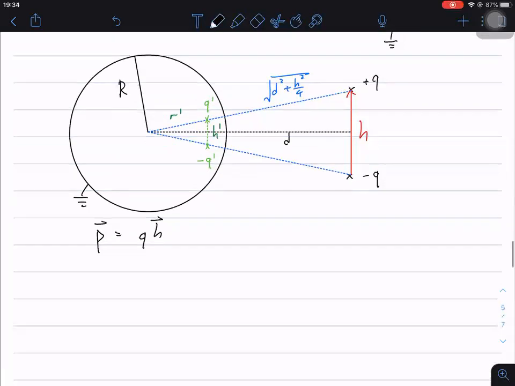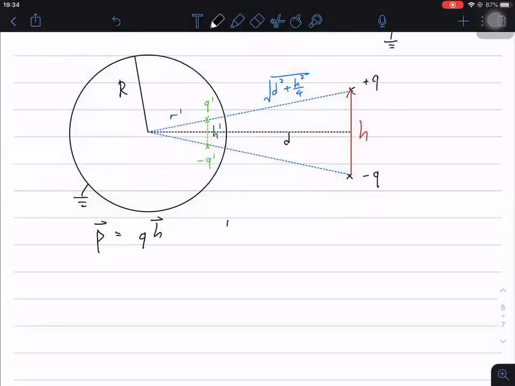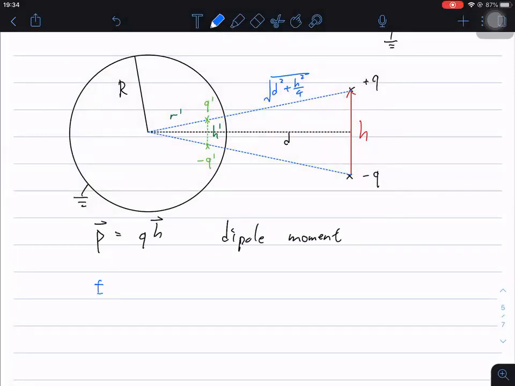So this one is the dipole moment, and then we have the two induced image charges. Q prime equals minus R over the distance between plus Q and the center of the sphere.